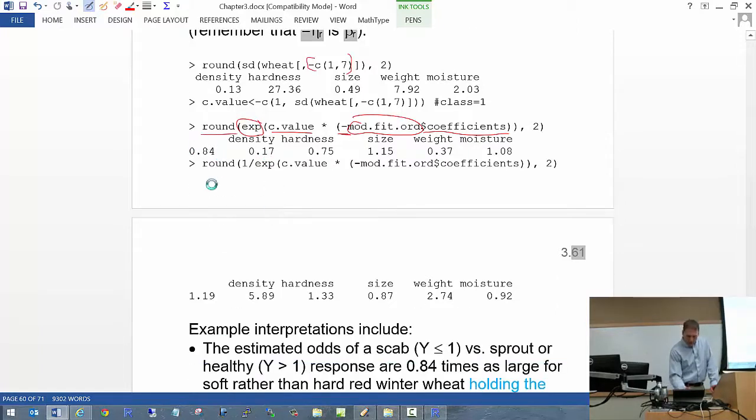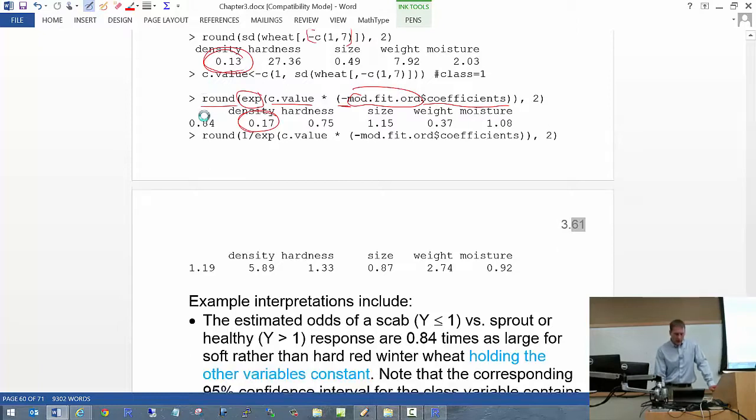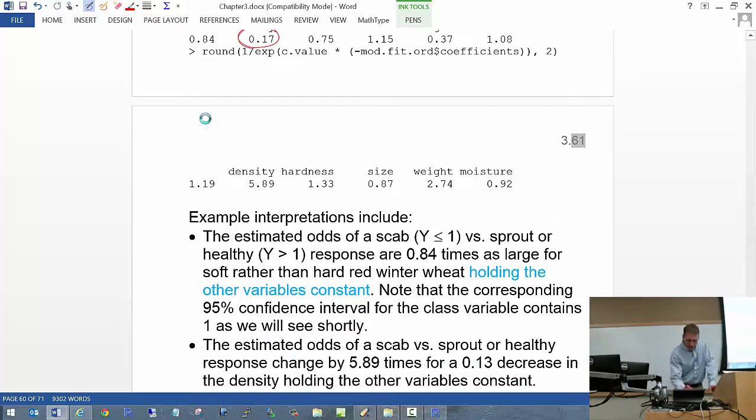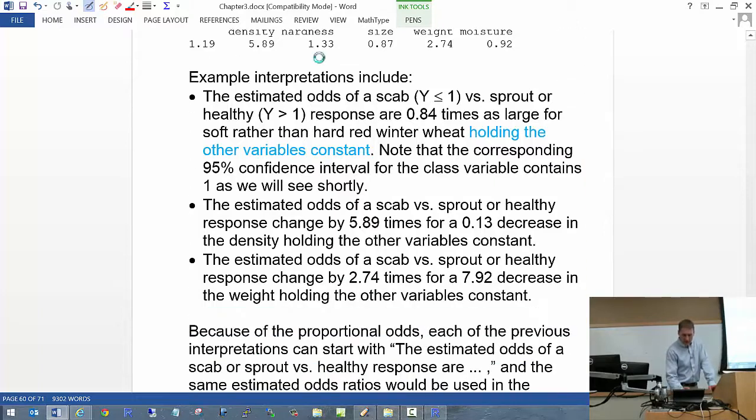So for example, with this density here, one standard deviation is 0.13. So for a 0.13 increase, my odds ratio is 0.17. Let's more formally interpret that. Actually, what I'm going to do is invert the odds ratio so that it's above 1 for density.